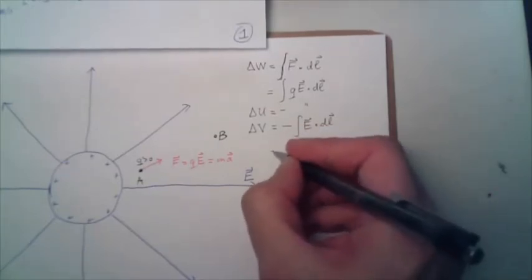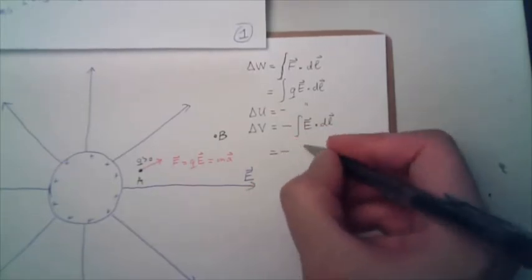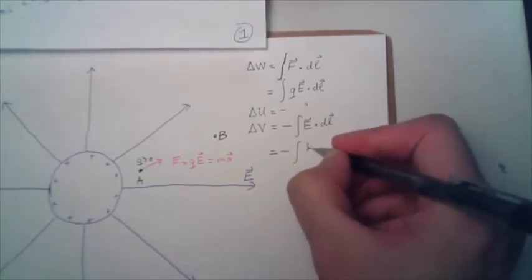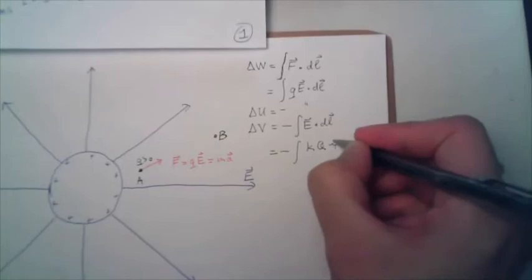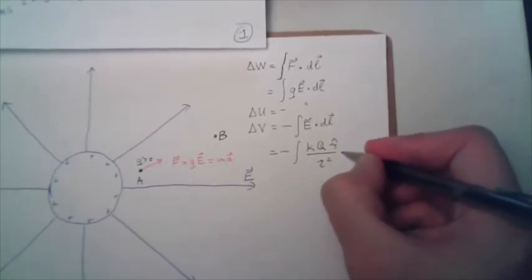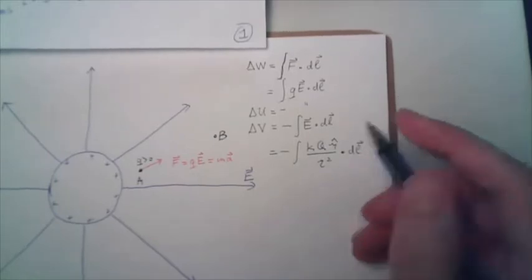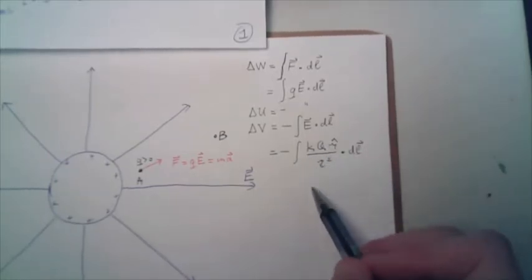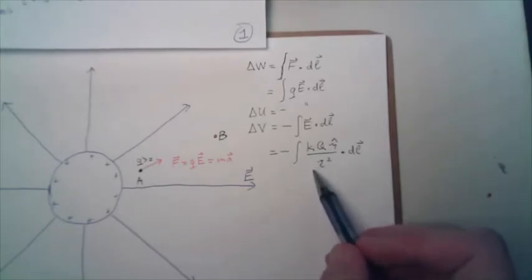All right, now we can write that integral. This is not a complicated integral. So E, I'm going to use the kQ r-hat over r squared, dotted with the dl vector. I'm using the k notation because otherwise I get tired of the 4 pi epsilon naughts that you have to carry over all the time.